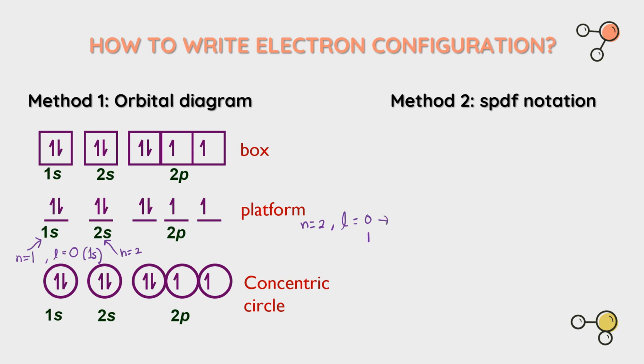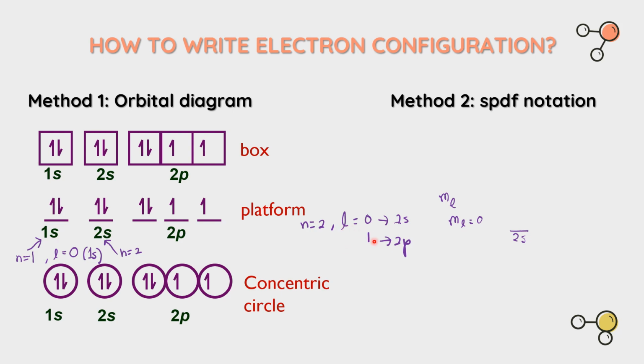So hence, we will have 2s and 2p. To know how many orbitals in 2s and 2p, we have to look at the value of ml. When the value of L is 0, the value of ml also will be 0. So when ml value is 0, we have one number over here. That means in 2s orbital, we will have one orbital only.